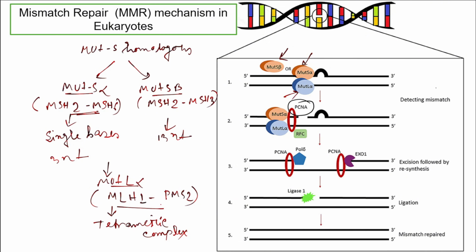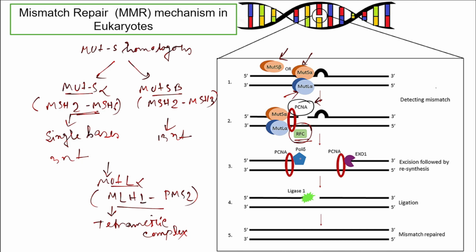MutLalpha has endonuclease activity that cuts the daughter strand near the mismatch site. But the daughter strand is recognized by PCNA, a sliding clamp that helps identify the newly synthesized strand, and RFC that helps in loading PCNA onto DNA. So DNA-bound PCNA helps MutLalpha identify and cut the daughter strand at the mismatch site.